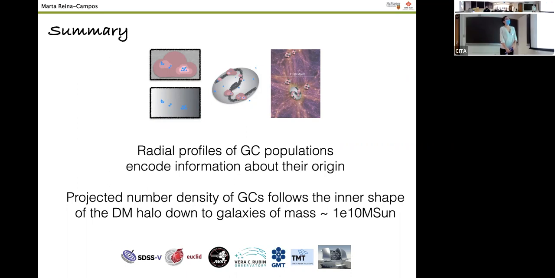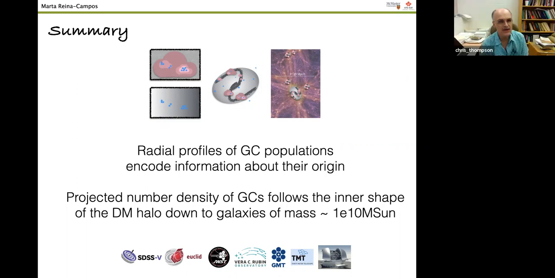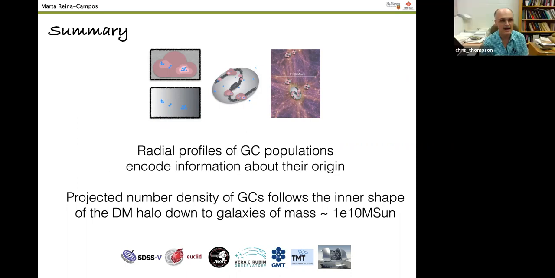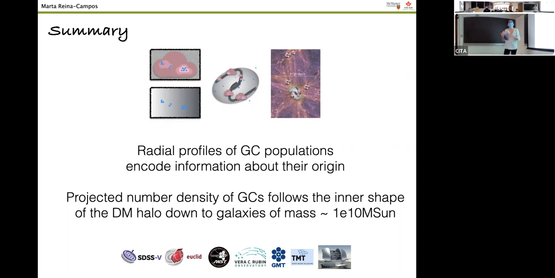So sorry, your question is how these stellar clusters lose mass in these simulations? Yes, exactly, and how that depends on, I guess, position in the galaxy or the initial mass of the cluster.